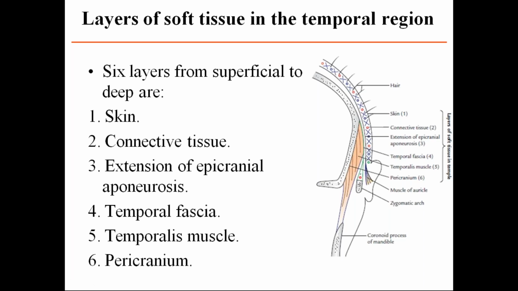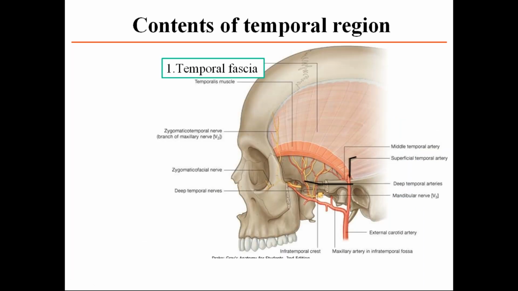Next, the contents of the temporal region are different from the layers. The first content is the temporal fascia. You can see the white colored structure, this is the temporal fascia. Deep to the temporal fascia is the temporalis muscle.